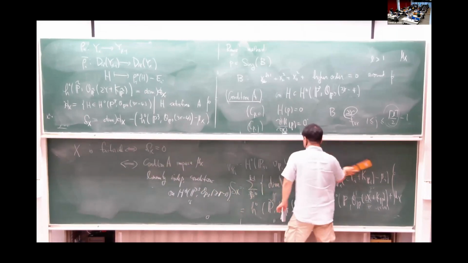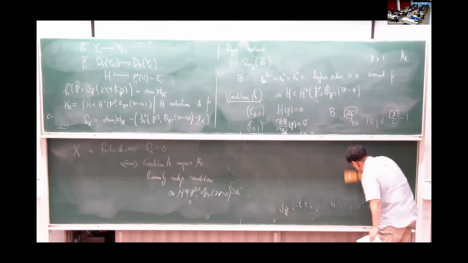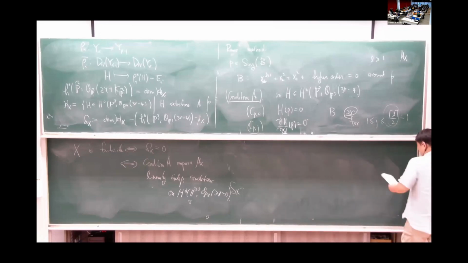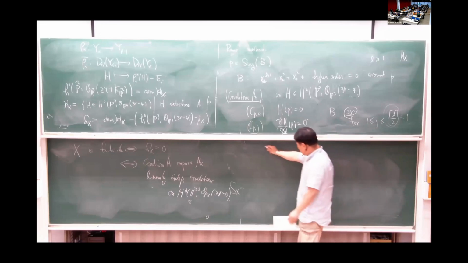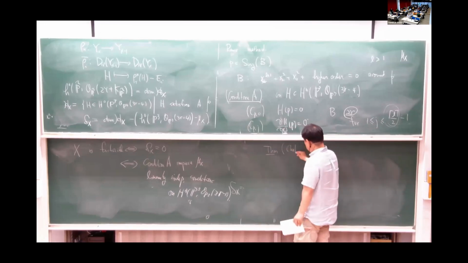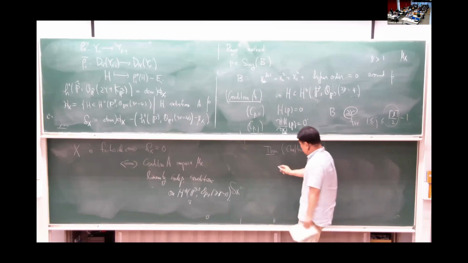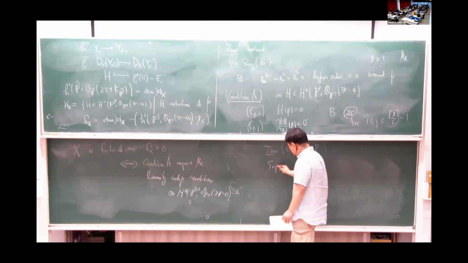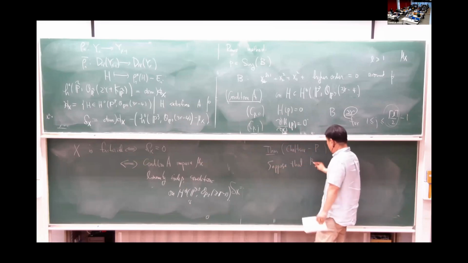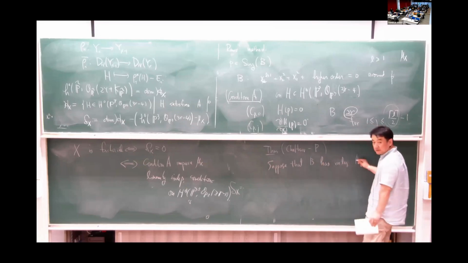All right, so here is my old work with Vanya, almost 20 years ago. At that time, we assume that the B has only A1 singularities.